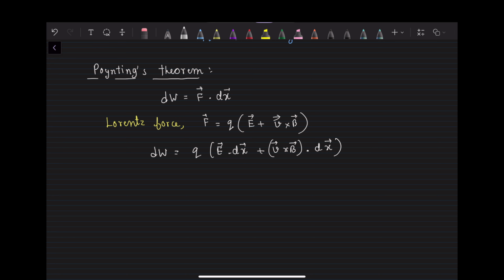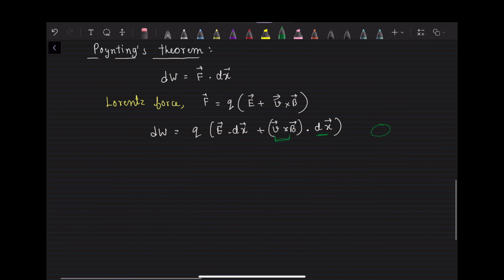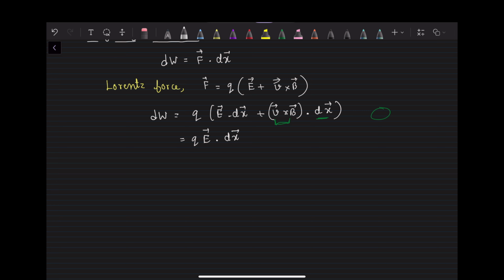And like we discussed a little while ago, this one is out of plane. So if it is a thin wire type of thing, this will be out of plane, so the dot product of these two will be 0. Then we are just left with charge times electric field, dx. And of course we never have a single charge, right? We have a charge density.